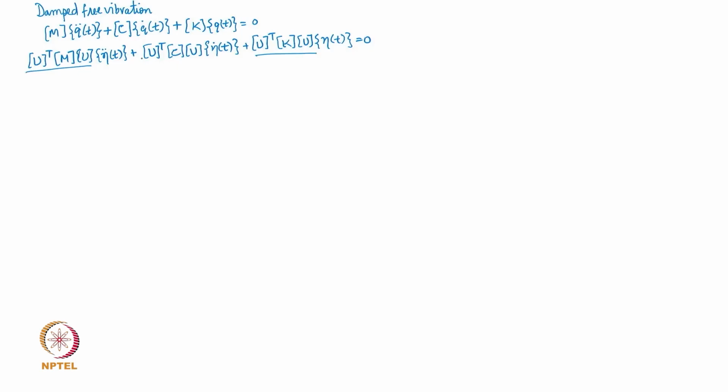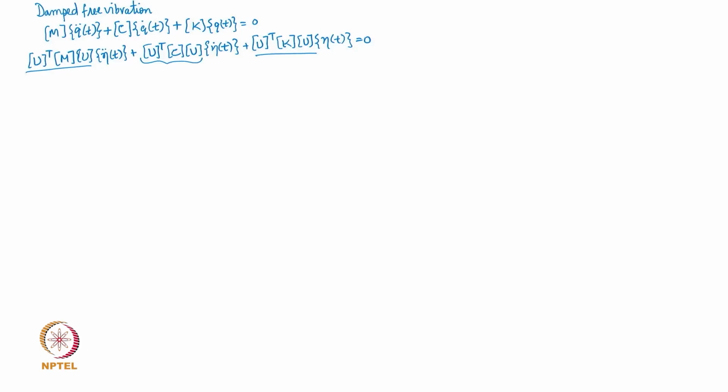Practical systems would always have this pre-multiplication or post-multiplication. This will not turn out to be a diagonal matrix. In general, the damping matrix is such that it will not generate a diagonal matrix through this transformation.